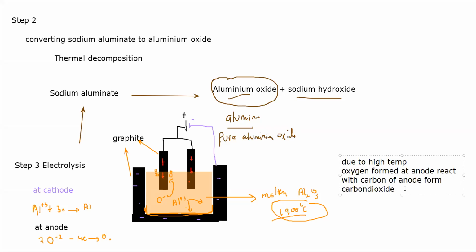So the anode size reduces or decreases. It's not a direct reaction, but the oxygen which is formed reacts with the carbon, because it's graphite.